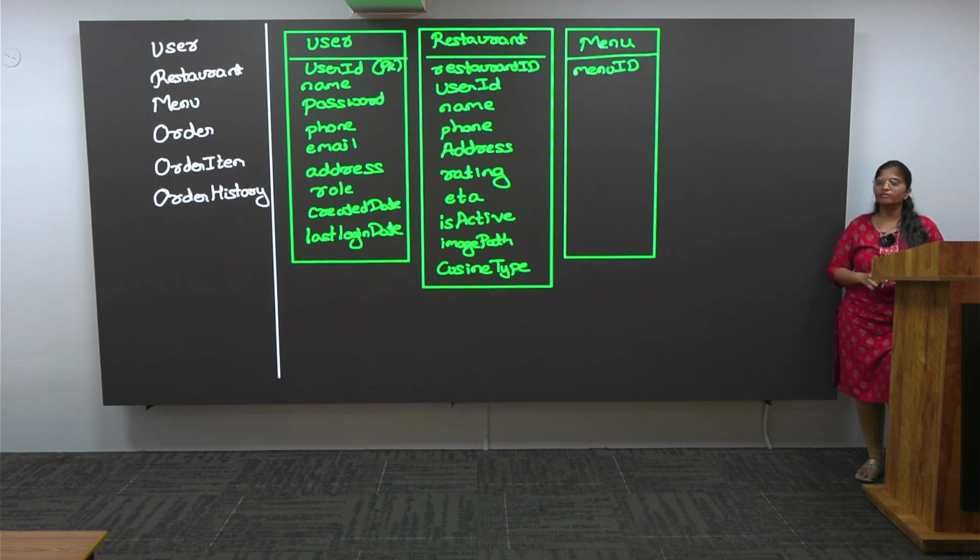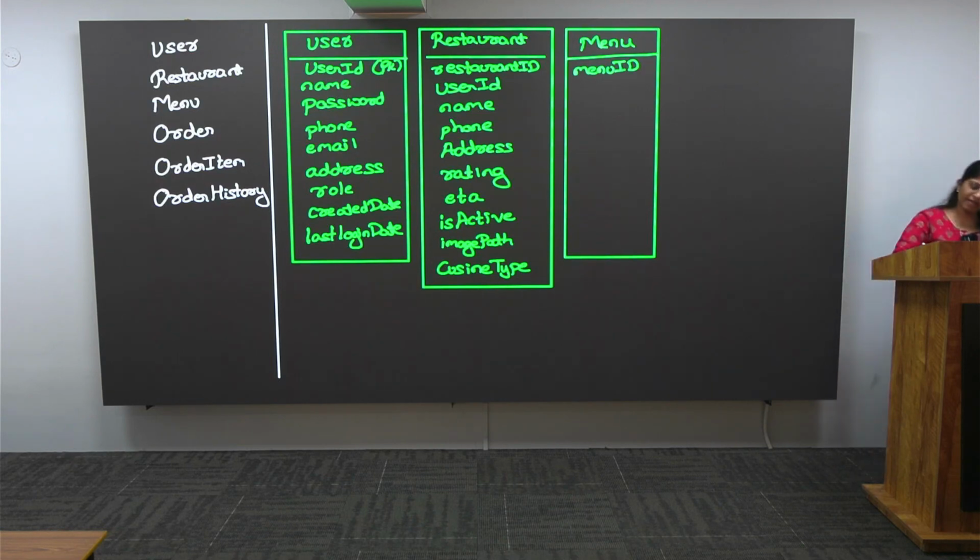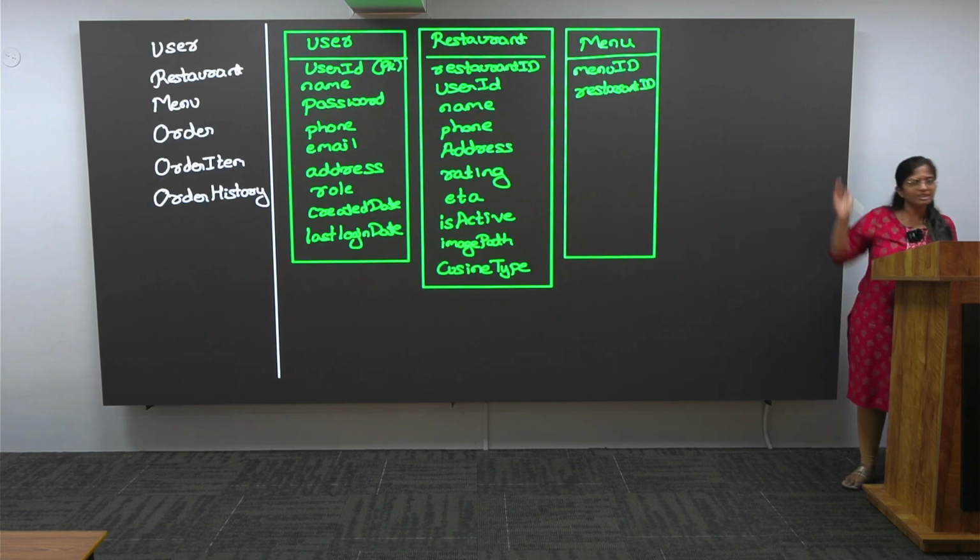So what should I have? Restaurant ID. Next. Just now I showed you a menu. What were the things available over there inside your menu? Let me take you back.